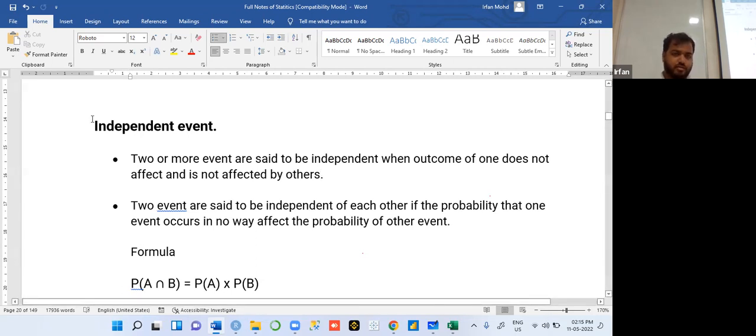Simple will be done to find this. Run definition, guys.